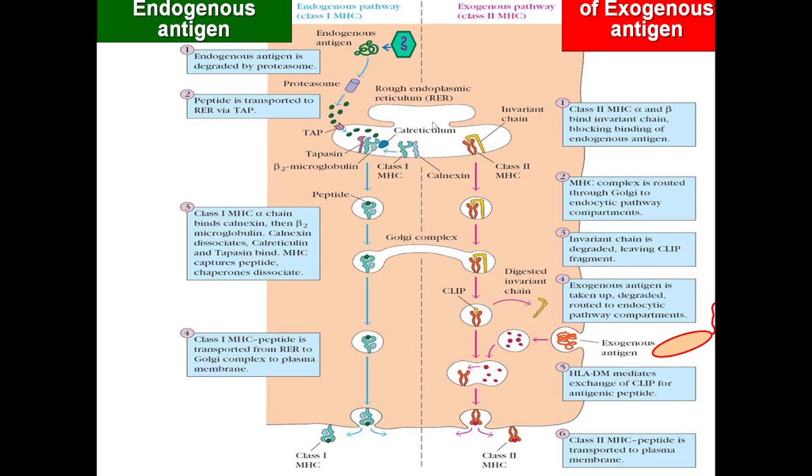In the endoplasmic reticulum, the MHC2 molecule, shown in red, is synthesized together with the invariant chain, shown in yellow. The MHC2 molecule after that migrates to the Golgi apparatus, and in the Golgi apparatus, the invariant blocking chain is destroyed, and the CLIP fragment of the chain remains in the place of the antigen binding cleft of the MHC2 molecule.